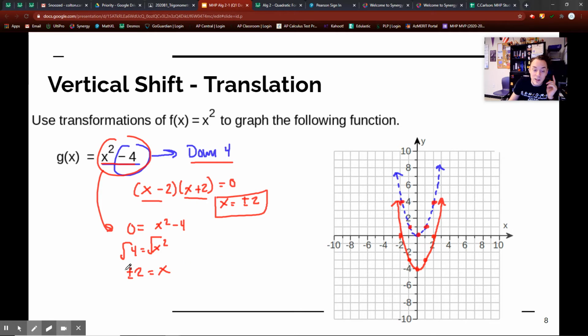Either way you do it, whether you use difference of squares or the square root property, you still get x equals plus or minus 2 for where your graph crosses the x-axis. And what do you know? It crosses the x-axis at plus and minus 2. So again, try to make those correlations between graphing them and what we learned about solving equations before, finding my x-intercepts and all that.